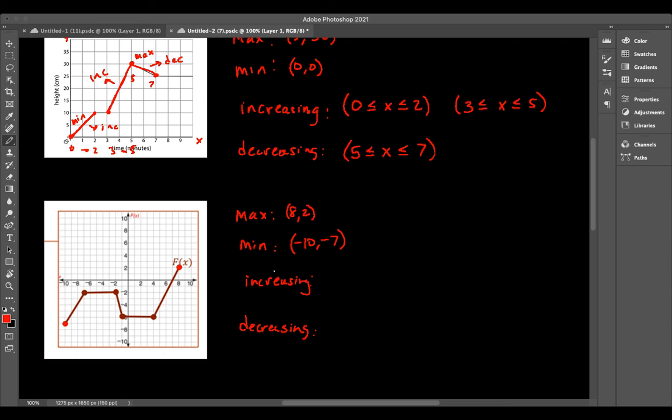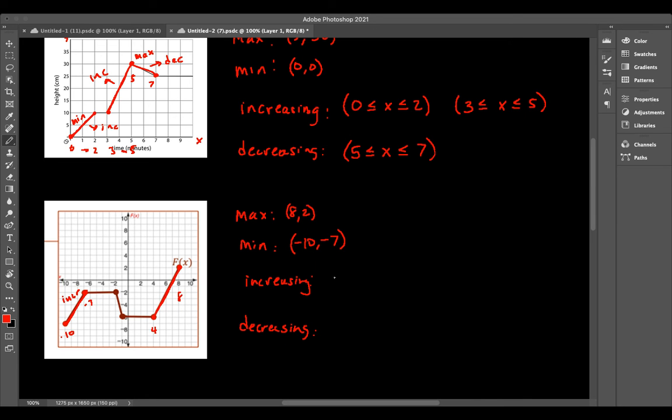Now, where is it increasing? If we look at it here, from this point to this point would be one increasing interval. And that would be from -10 to -7. Another increasing interval would be right here, at this point, so that would be 4 to 8. Okay, so let's write it.